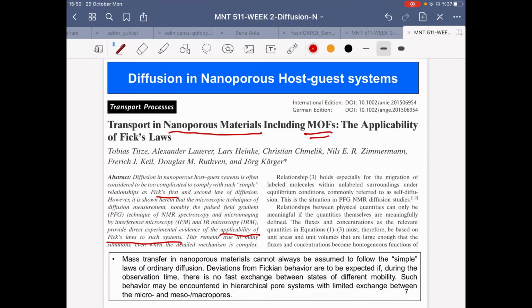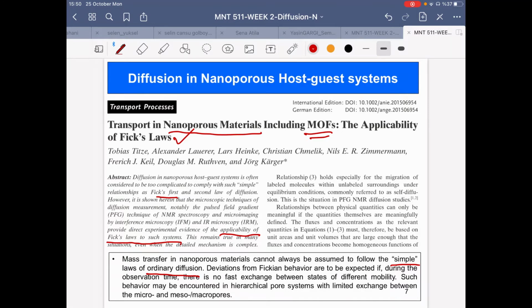So this is a very important topic to have a general understanding of Fick's law and how to consider things that deviate from it, and how difficult it is or not. Mass transfer in nanoporous materials cannot always be assumed to follow simple laws of ordinary diffusion, which I've tried to derive for you.